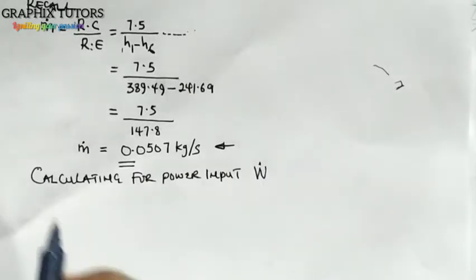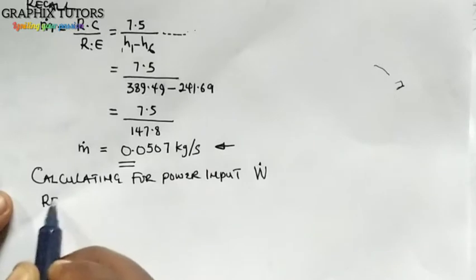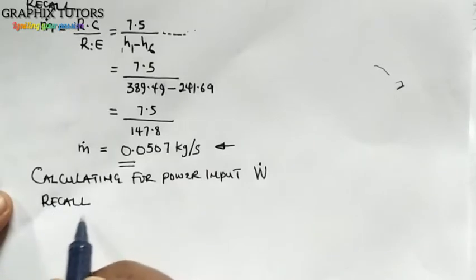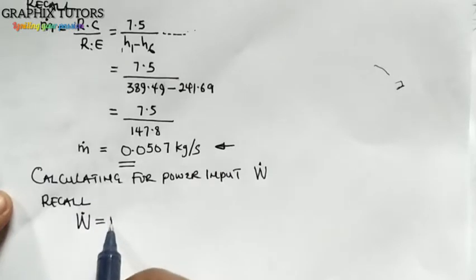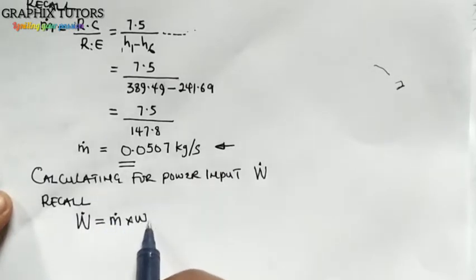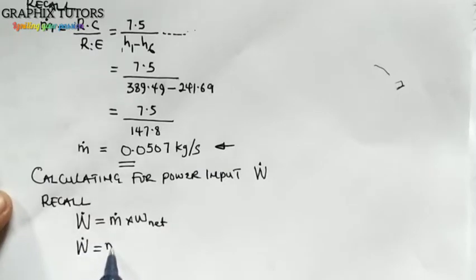So recall the work rate, which is power input, is equal to the mass flow rate multiplied by the work net. So my work rate is equal to mass flow rate multiplied with the work net. What is doing work in this system?